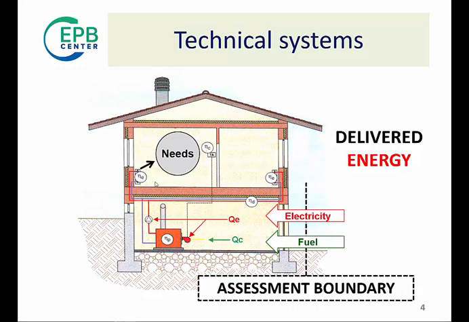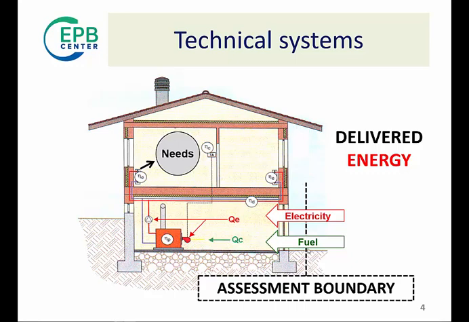Technical systems are made of several subsystems, but when considering them, the result of the calculation is the amount of electricity, fuel or any energy carrier that has to be supplied through the assessment boundary so that the technical system can provide the energy need. The more efficient the system, the less amount of energy carrier is required.